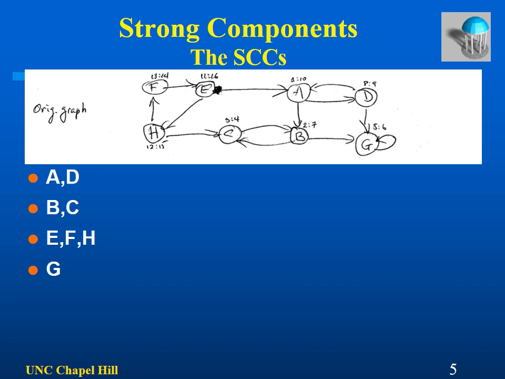E, F, and H, we've already seen, form a cycle. And G, you can get to itself, but you can't get to anything else. And so G is a singlet strongly connected component. It has only one node in that strongly connected component.